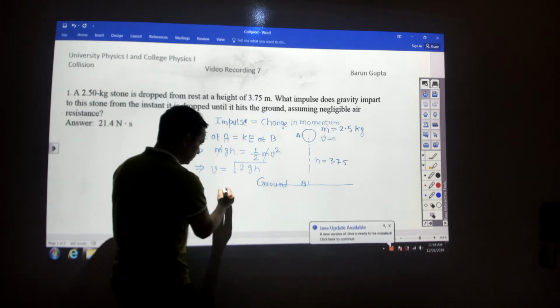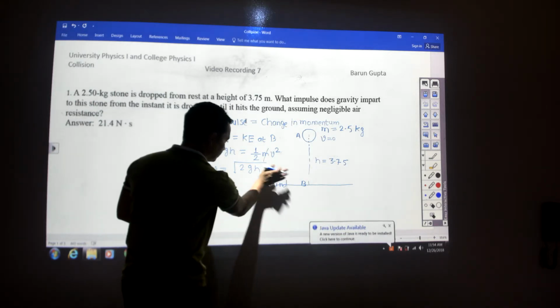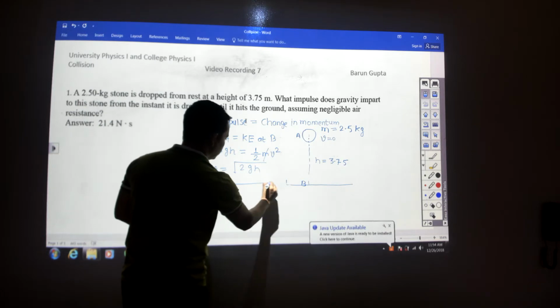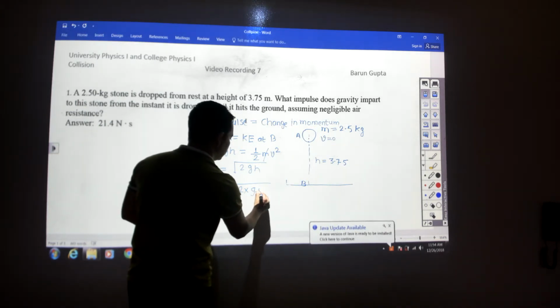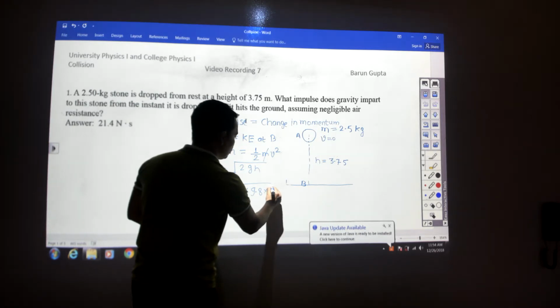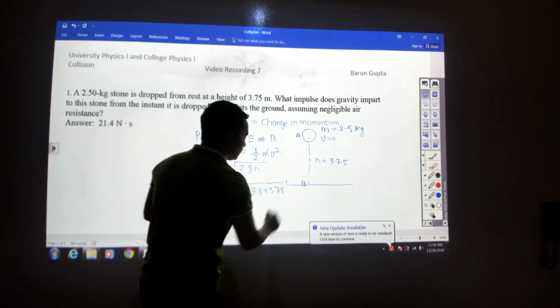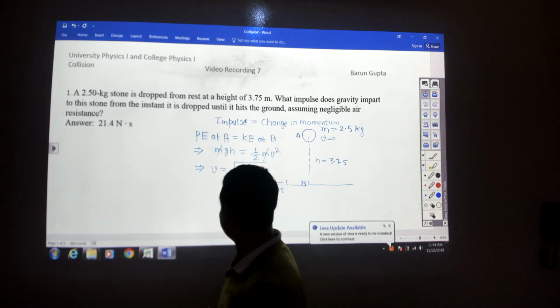The number two, the gravity is 9.8, and the height is 3.75. Once you plug in all the numbers, you will get the velocity to be 8.57.